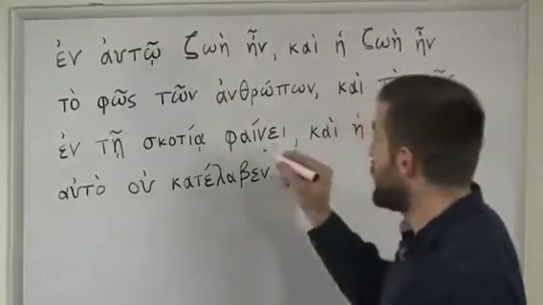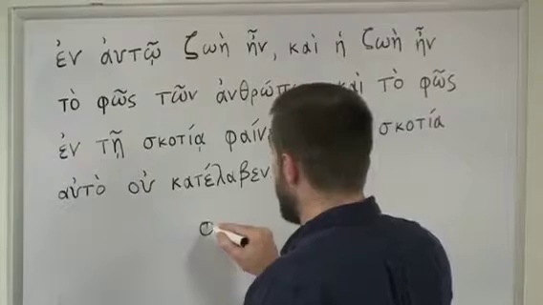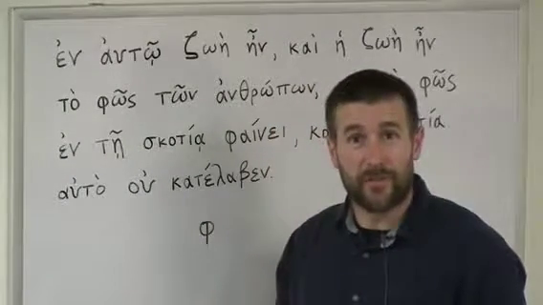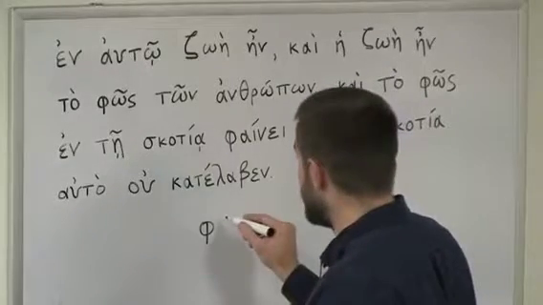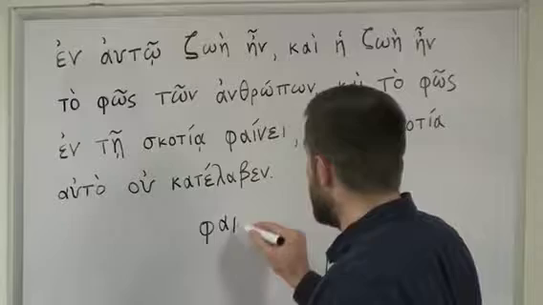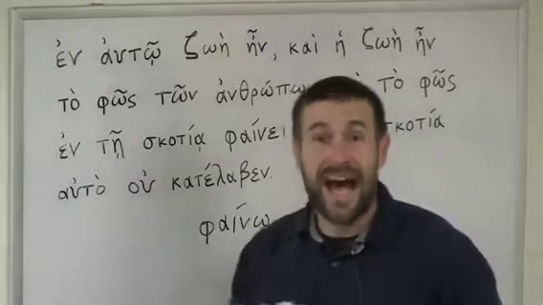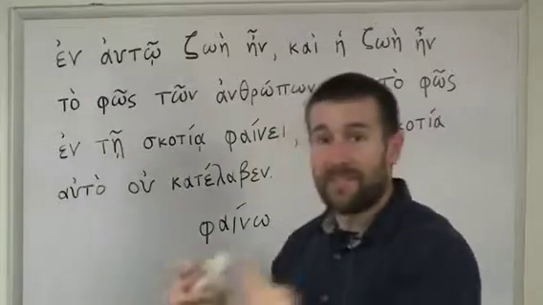Okay. Now the word phaini, in the dictionary, you're always going to find verbs in their first person singular active indicative form. And so the dictionary form of this word is going to be phaino, all right? Which would mean I shine, or I appear, or I am seen.